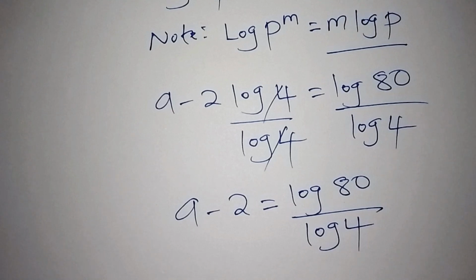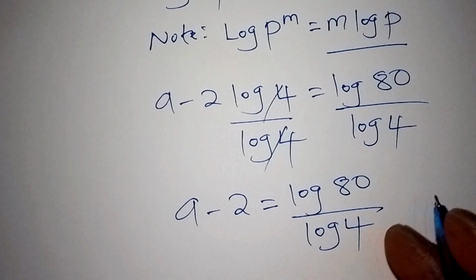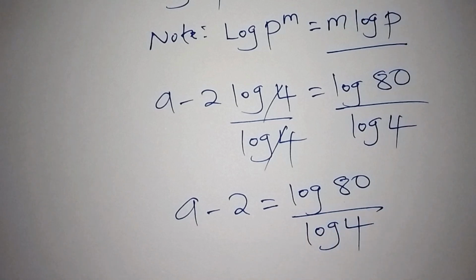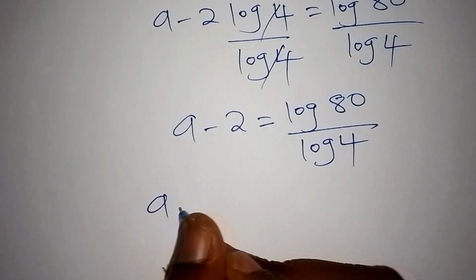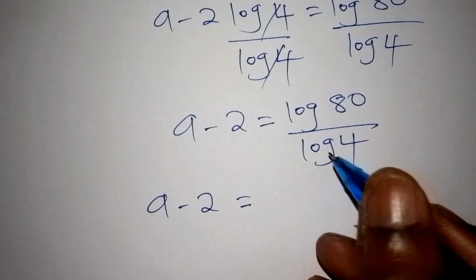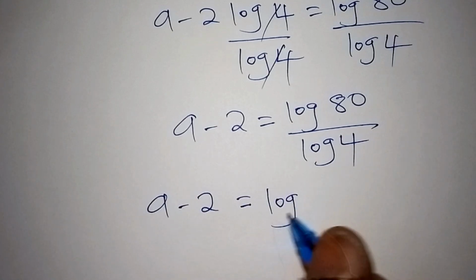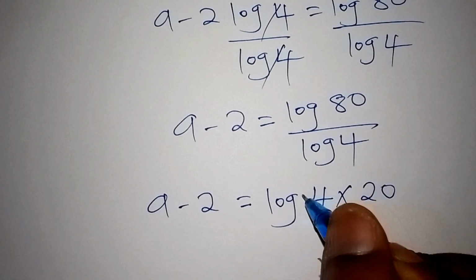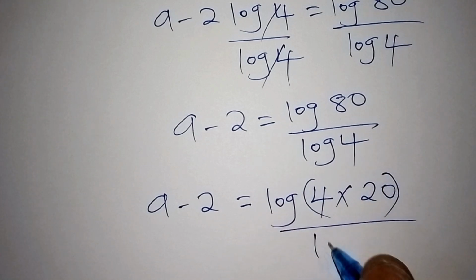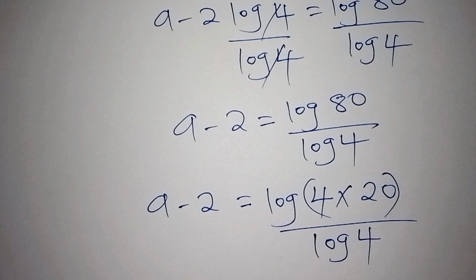Because that is what we wanted, we shall now factorize the log of 80 all over the log of 4. We still have our a minus 2 here is equal to, so the log of 80 shall be written as the log of 4 multiplied by 20 all over the log of 4.